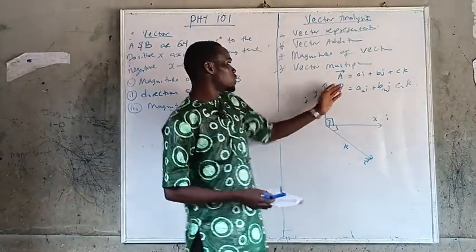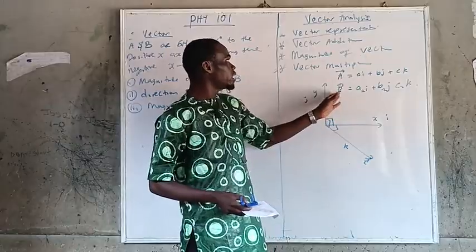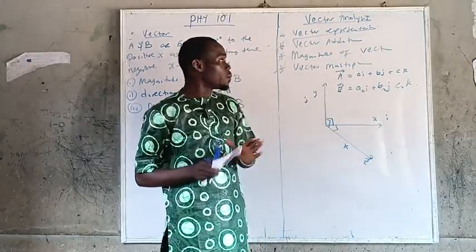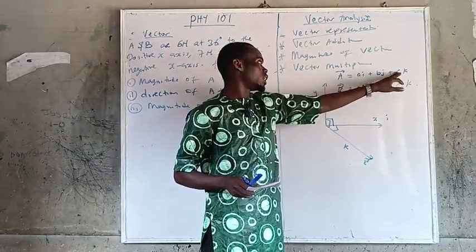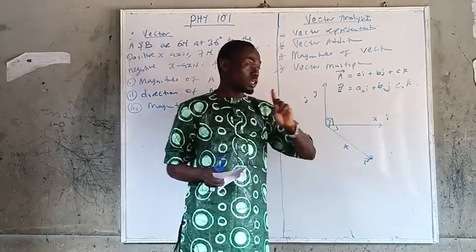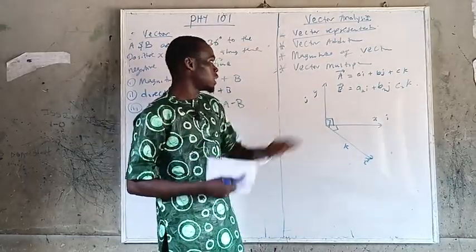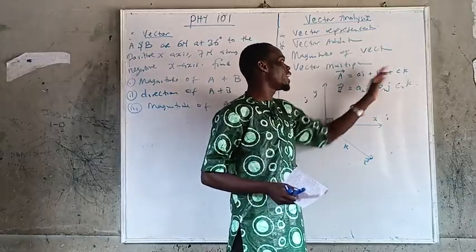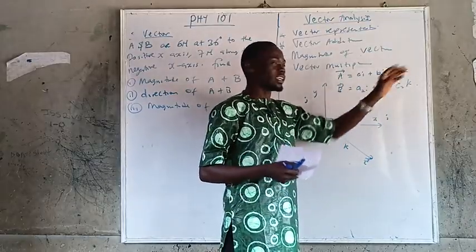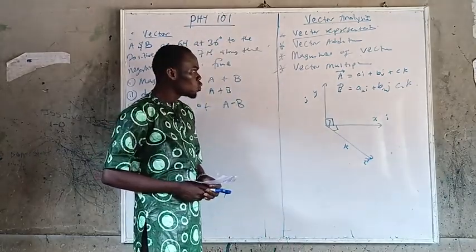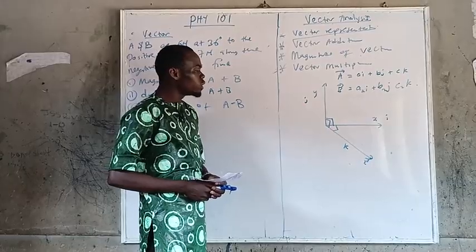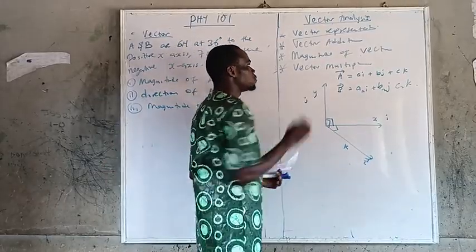For now, we have done representation of vector in three components. If it is just one component, it can be just ai, it can be bj, it can be just ck. You should understand when I say one component. When we say two components, it can be i and j, or i and k, or j and k, like that. Now, before we go into the real vector, what are the basic things you can be asked?